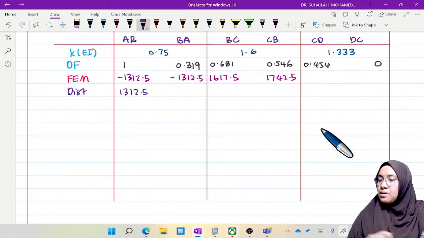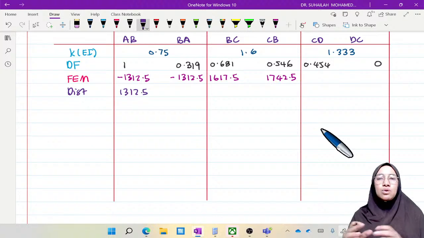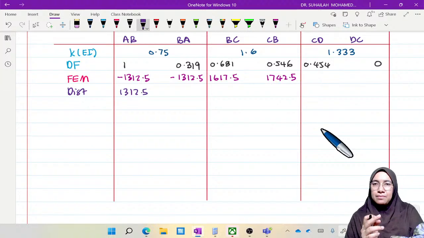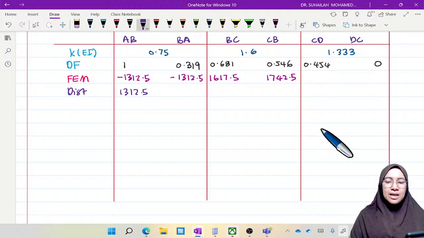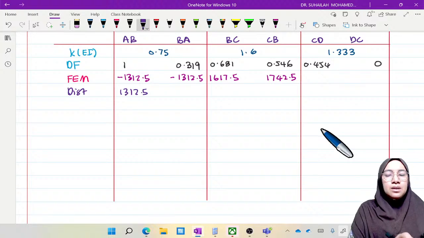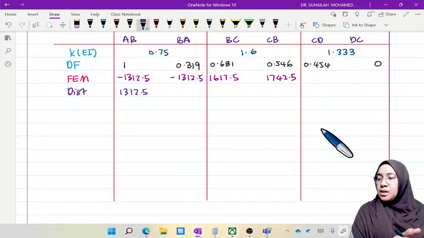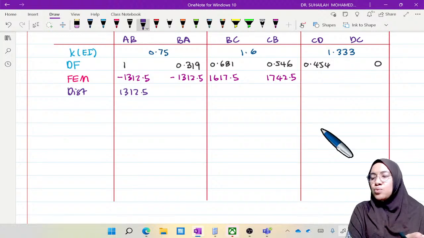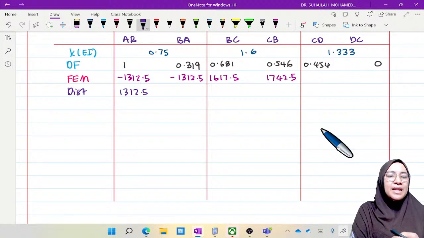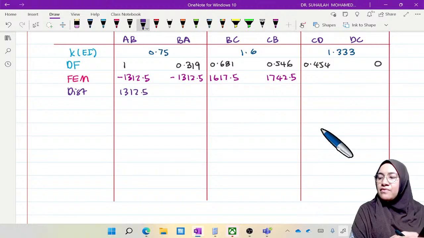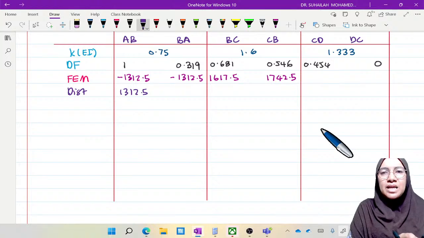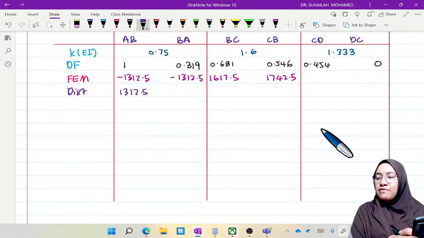Next, the total moment at B. Negative 1312.5, opposite is positive 1312.5. Then 1617.5, opposite is negative 1617.5. We get negative 305.